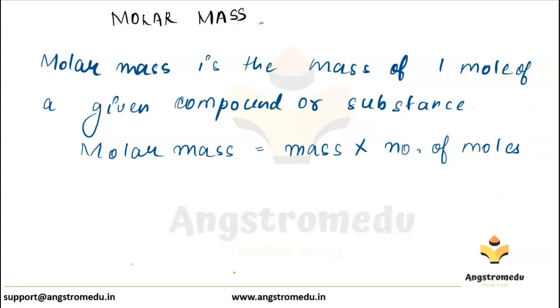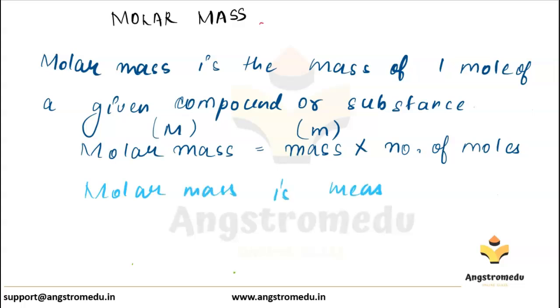Here the given mass is represented by small m and the molar mass is represented by capital M. The unit to measure molar mass is grams. So molar mass is measured in grams.